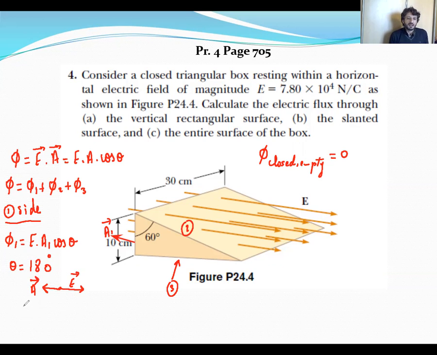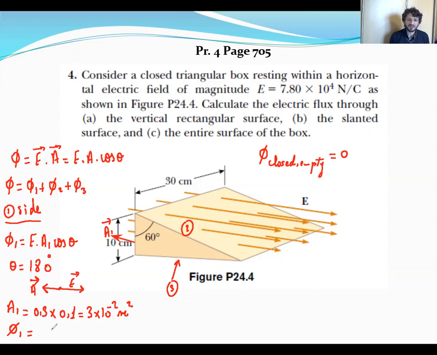A1, the area of the back side, is a rectangle equal to the length times the height: 0.3 times 0.1, which gives 3 times 10 power minus 2 meter square.